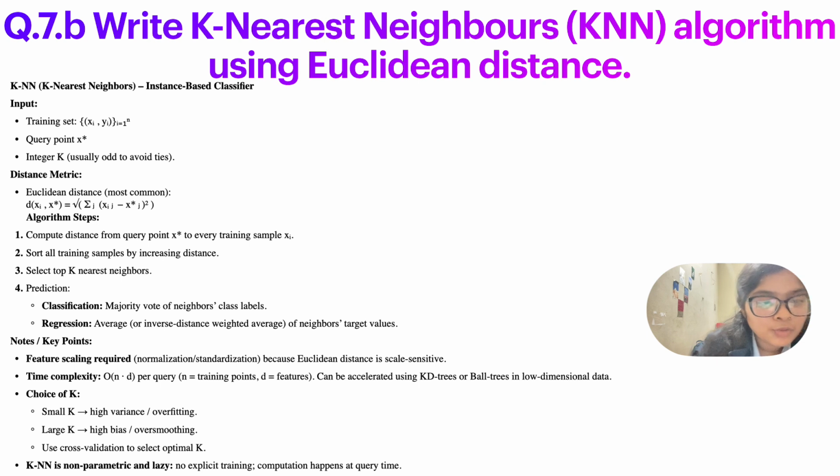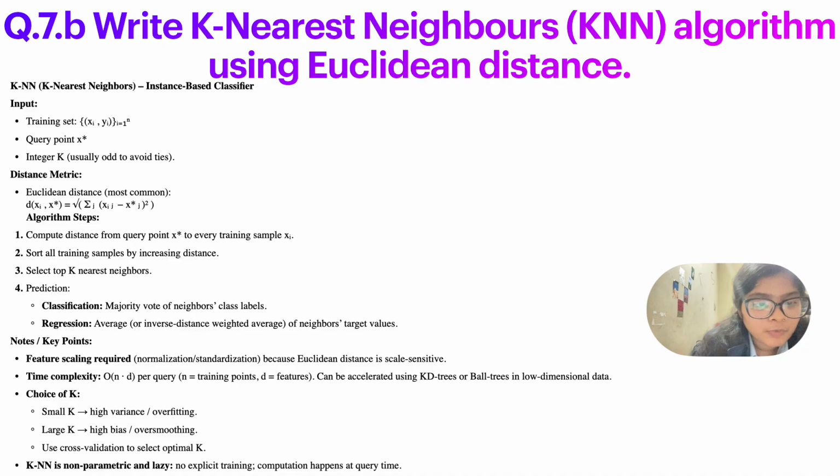So here actually we have a point x asterisk, and we are calculating k neighbors. Suppose we choose k equal to 7, so we are calculating the distance of this point with k points using this equation. We calculate the difference of xi point to x asterisk, then we calculate the square of it, then we calculate the root of it.